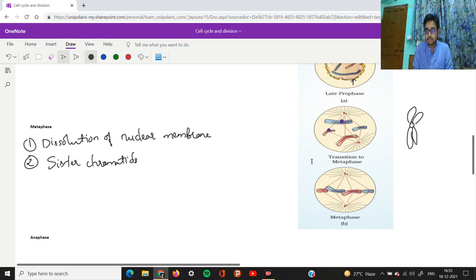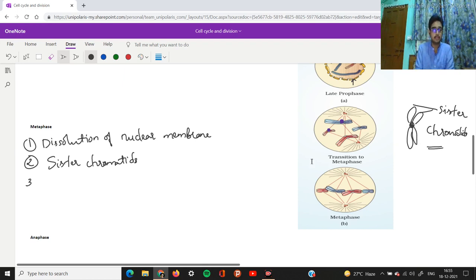So this is one chromatid and this is another chromatid. These both are known as sister chromatids. This is the centromere. So sister chromatids form.